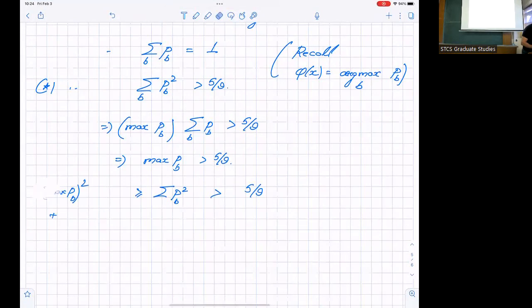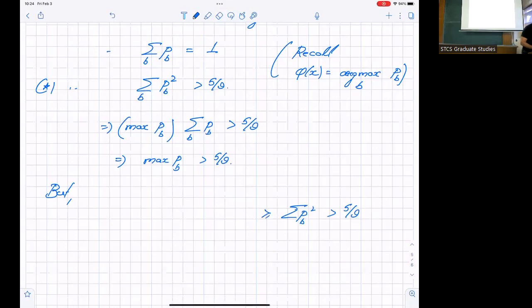Sorry, not summation. I'm going to make a slightly stronger statement. We have summation p_b square is greater than 5/9. Certainly one of the elements in the summation is the max p_b square.